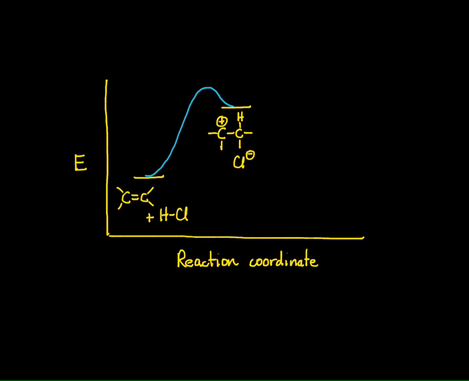Once the carbocation is formed, it rapidly reacts to form our product, the alkyl halide. And in the process, we have two transition states. The first transition state I demonstrated below. I'm not going to show it here again for simplicity's sake. And then the second transition state, where the chloride is coming in and reacting with the carbocation. And now I have a picture of the whole reaction in its entirety and what the energetics of that look like.